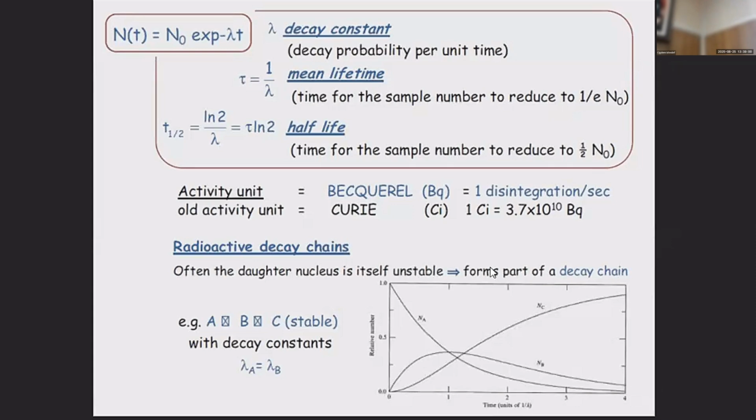Therefore, in decay, A decays to B, B decays to C, where C is stable. There is a decay constant here, while A is decreasing, B or C are increasing, of course.